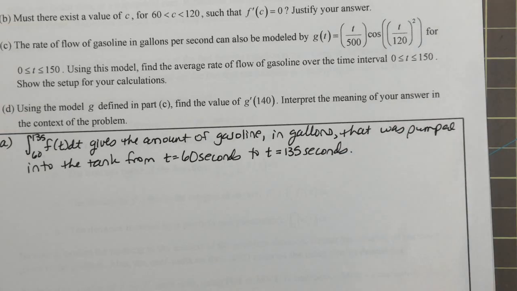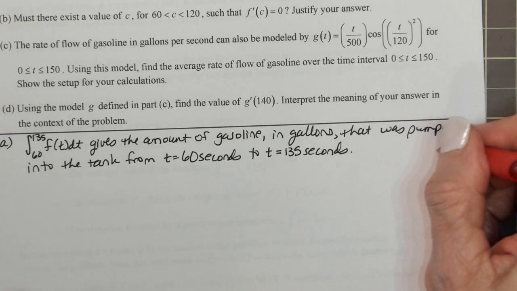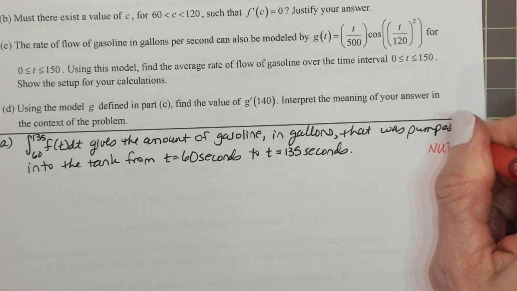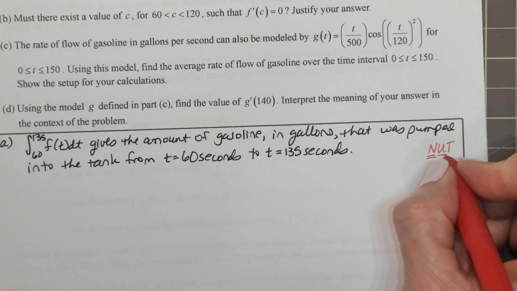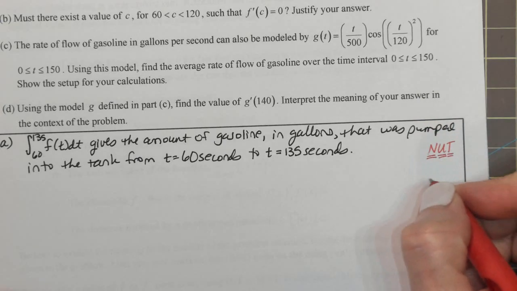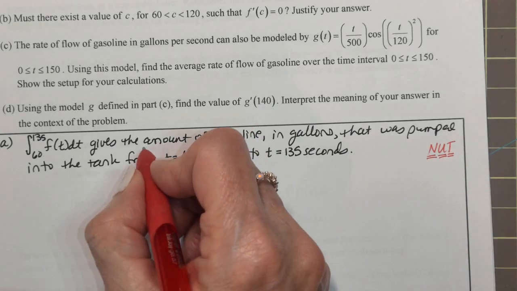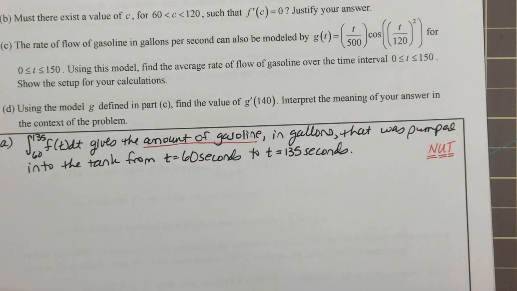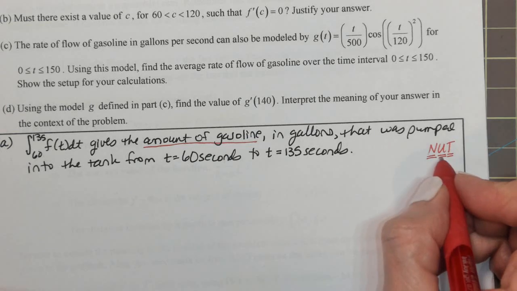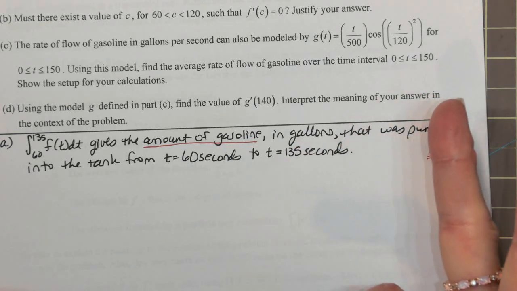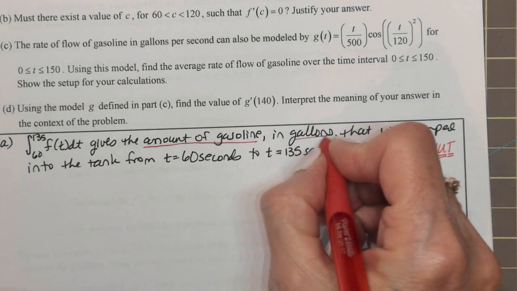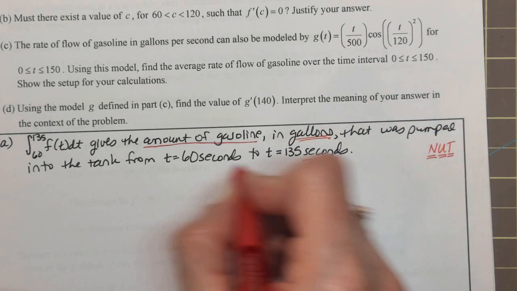Okay, remember the little acronym NUT, NUT, noun, units, and time. Did we include all of that? The noun is the amount of gasoline. Units, there should be two sets, gallons and seconds.